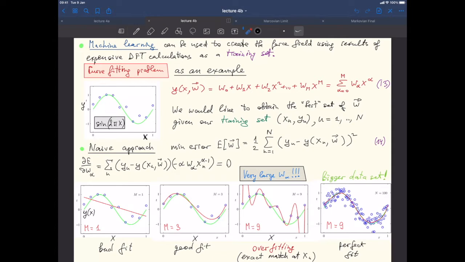So suppose we have performed high quality density functional calculations on our system for a particular set of geometries. So we have two molecules, for instance, and we would like to calculate what the interaction energy between these molecules is.